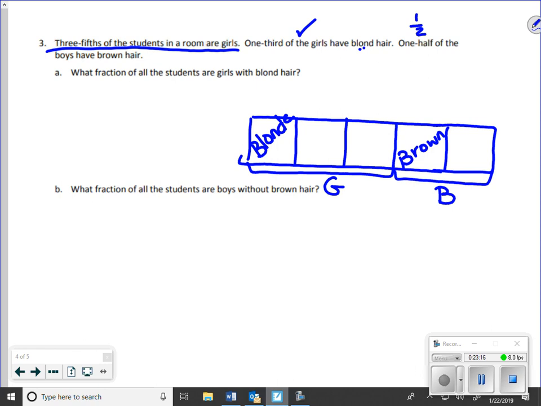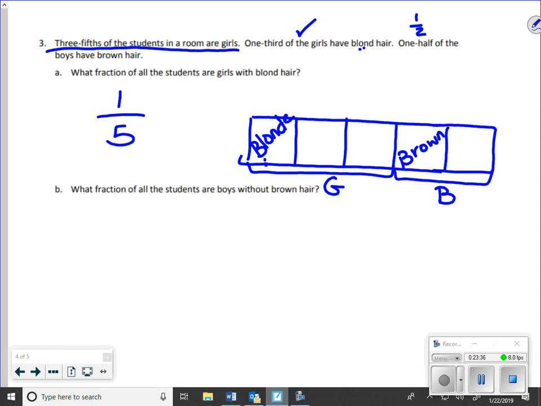1 out of 5. There's 1 unit out of how many total units? 5. 1/5.